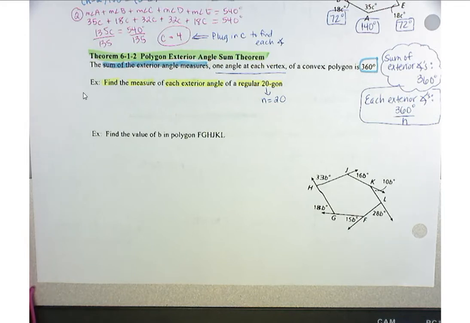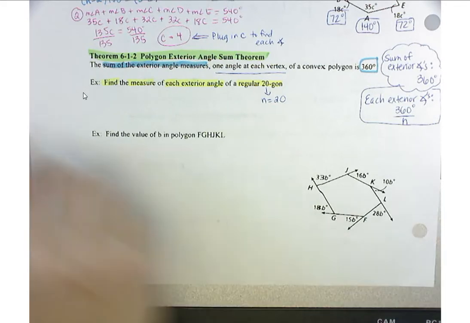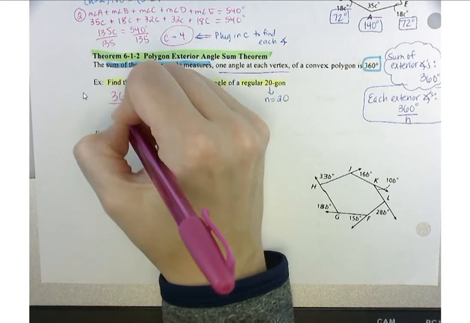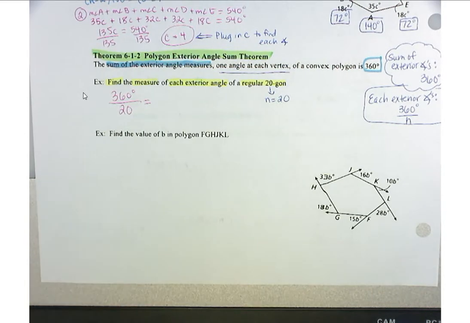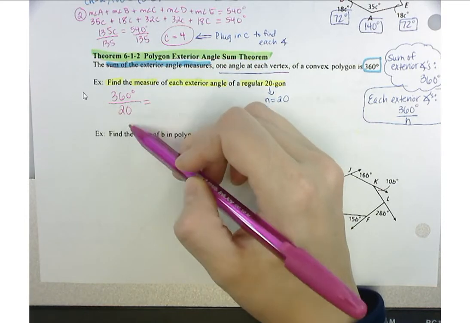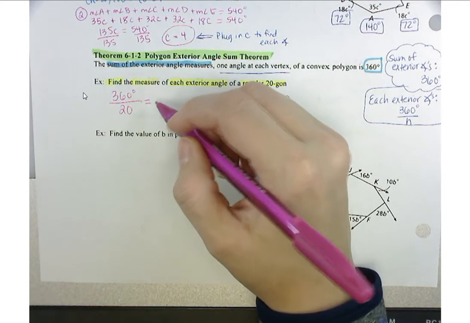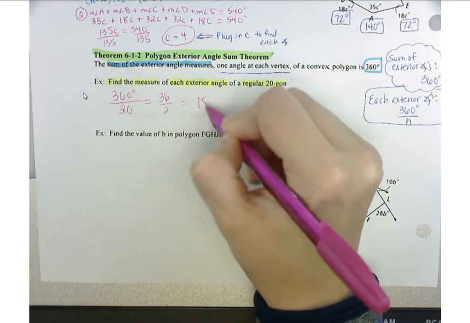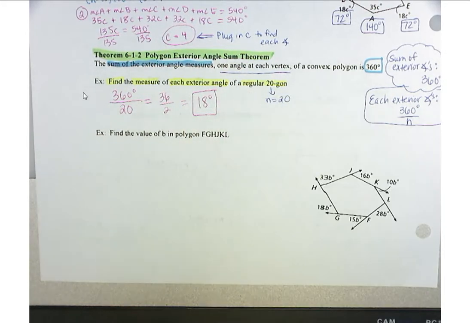Okay, so no matter what, all of the angles on the exterior are 360. So we just have to divide 360 by 20. And I would just reduce, really. If you reduce this, the zeros cancel out. What's 36 over 2 going to be? 18. Okay, so each exterior angle is going to be 18 degrees.